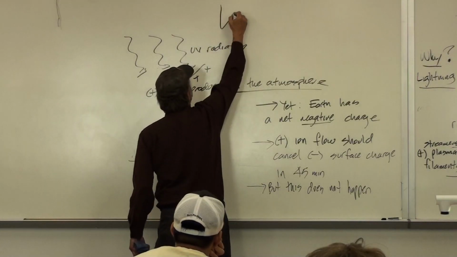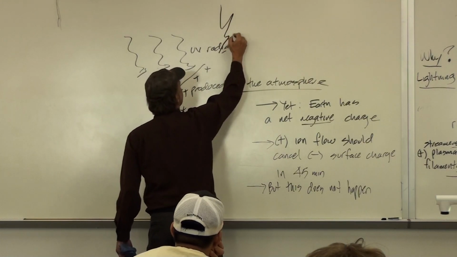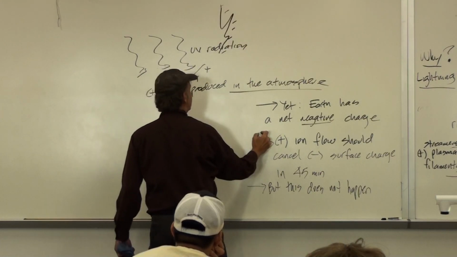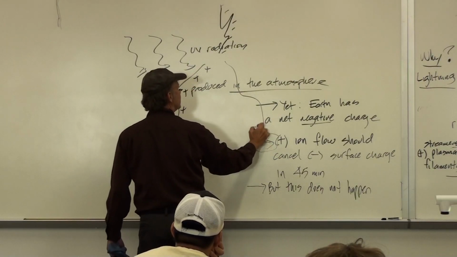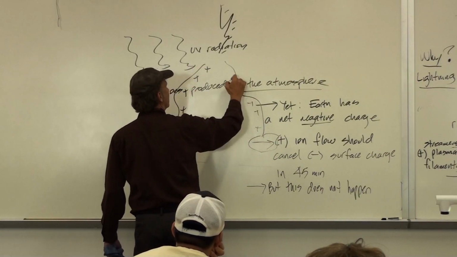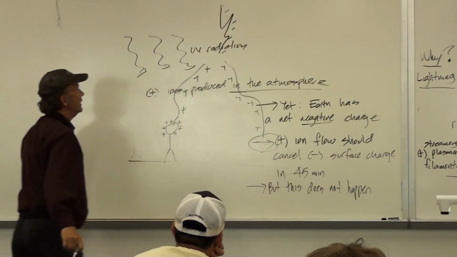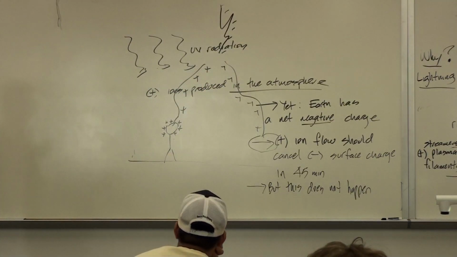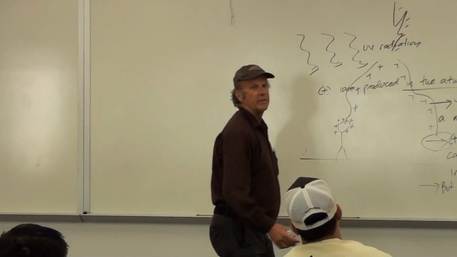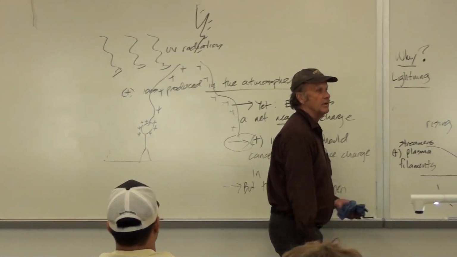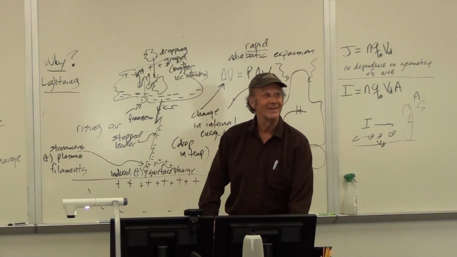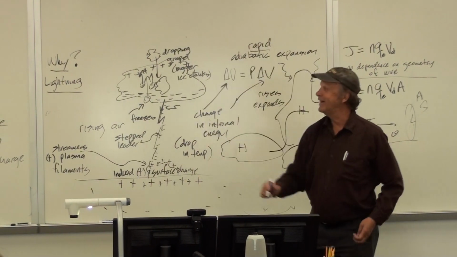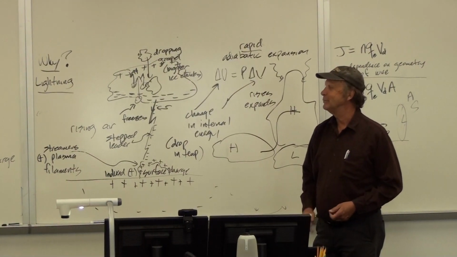So the stepped leader is coming down like this, but then it's being competed with by others. So maybe the top of a tree is sending its plasma filament up. And so the first one that connects closes the switch and delivers something like 10,000 amperes worth of current to the ground. Maybe enough to power Los Angeles for a day. It all comes down in one of these big lightning bolts.